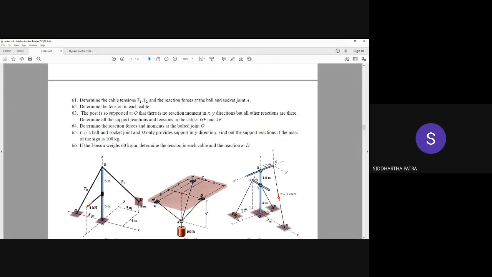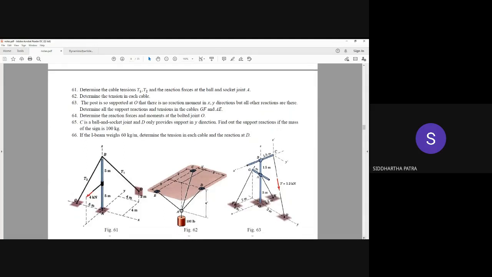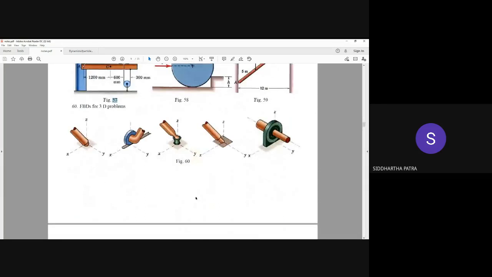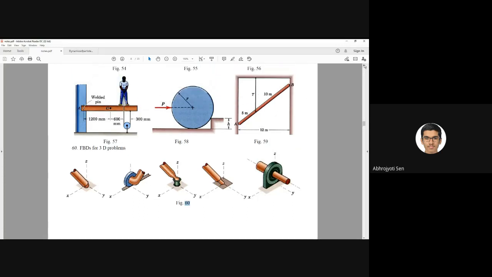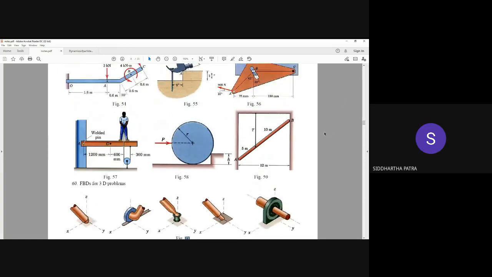Now, problem with figure number, I mostly skipped figure 60, because we have thoroughly discussed each and every diagram over here. Sir, one question, sir. Sir, we have to draw two diagrams, one for the force and one for the moment? Means the free body diagram should show both of them in a single diagram only?